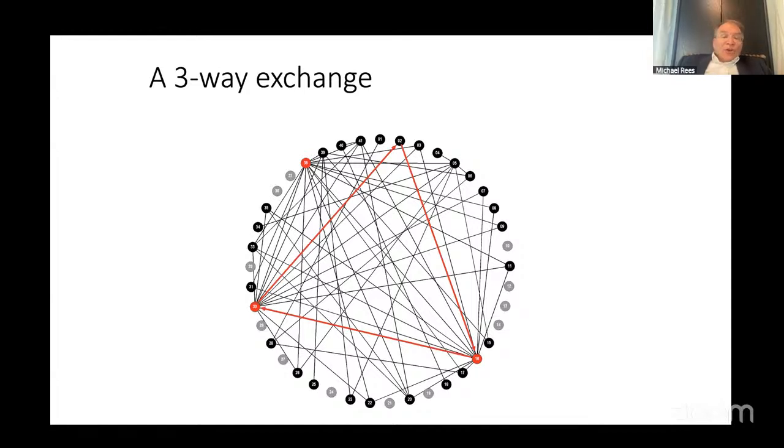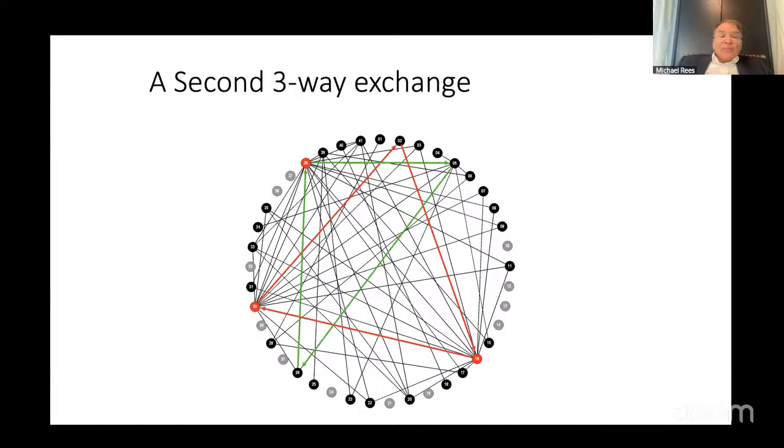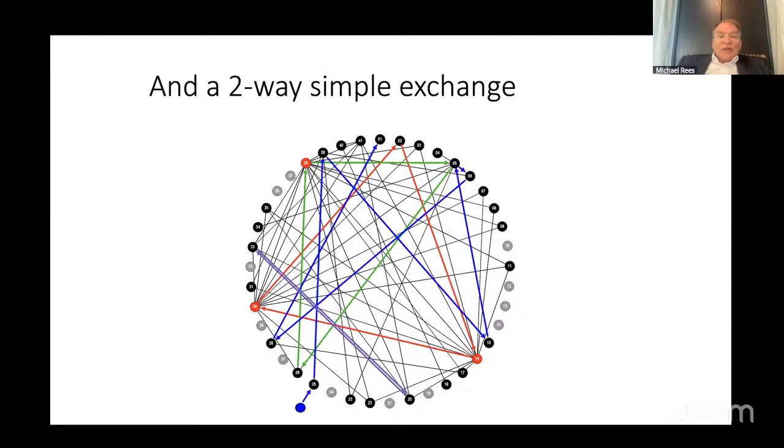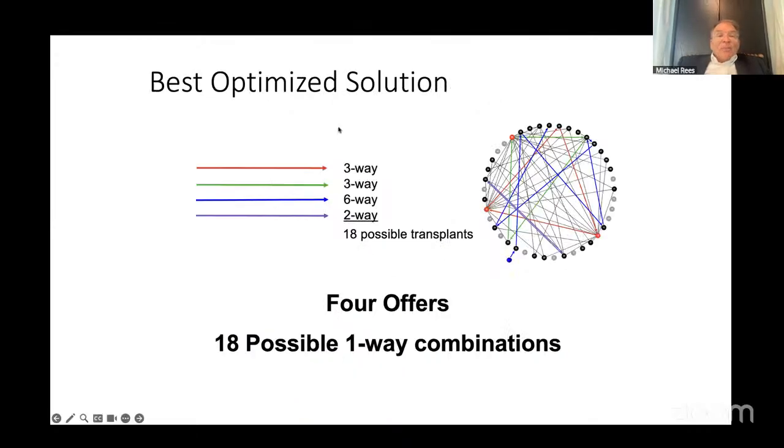So it turns out you can do this 3-way, this 3-way, you can do this chain of transplants, and you can do this 2-way exchange. And so the best solution, when a computer does it, shows that you can do 18 possible transplants out of 41 pairs. So that's why you need software to help you do this.